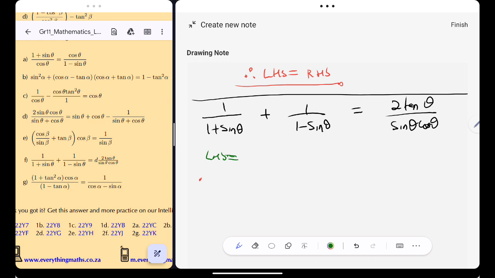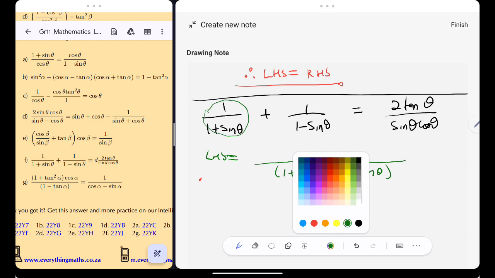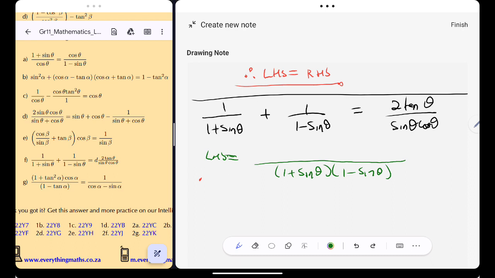Whenever I simplify my left hand side, I will have an LCD. The lowest common denominator is 1 plus sine theta all over 1 minus sine theta. Now together, if I multiply the first term by the LCD, the 1 plus sine theta will cancel one another and I will be left with 1 minus sine theta.